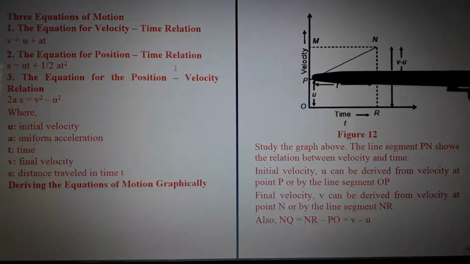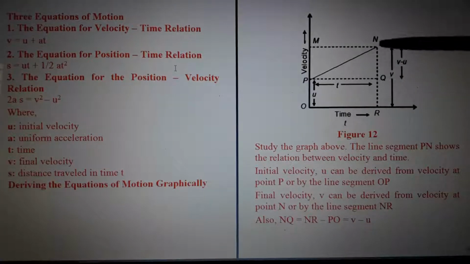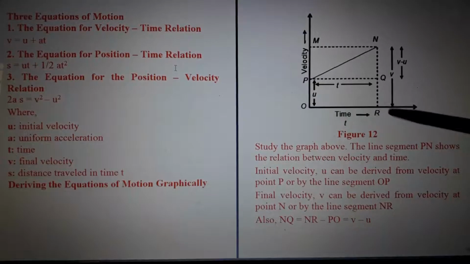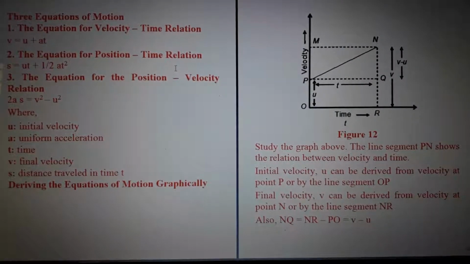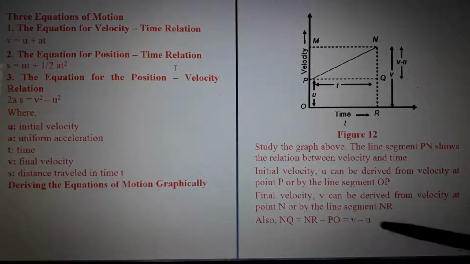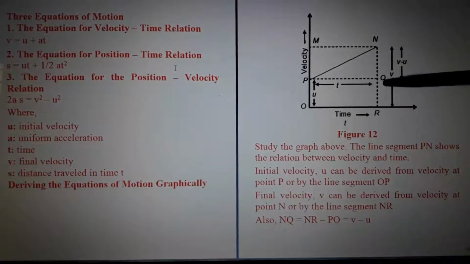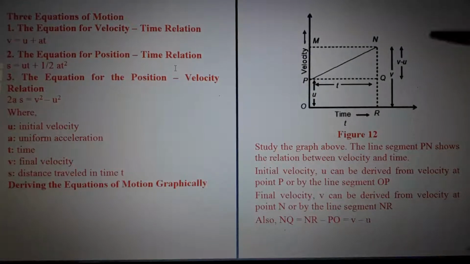So initial velocity is 2, final velocity is 4, total time is 5. Simply take that value and write it. Easily we will get it. What will be the time interval QN in that case? Final velocity minus initial velocity, which is 4 minus 2 is equal to 2.